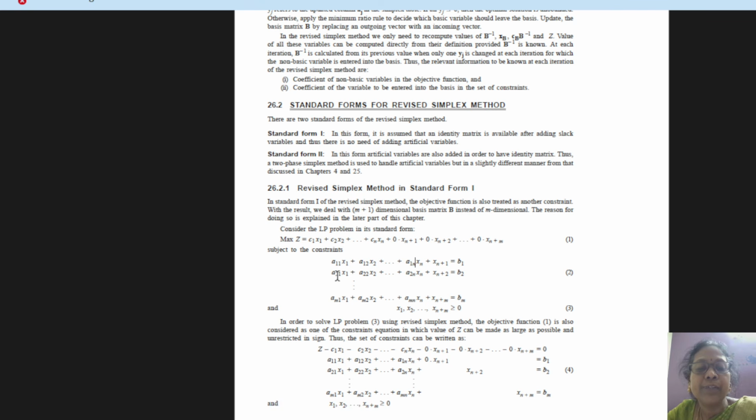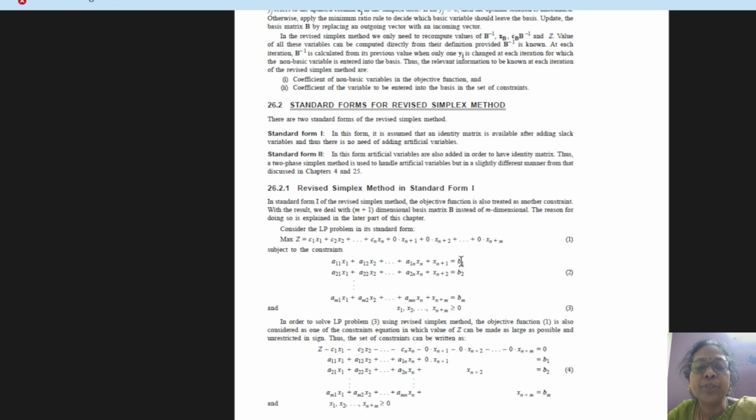For the second constraint, we have a21x1 plus a22x2 and so on a2n xn, adding the second slack variable xn plus 2, and the inequality becomes equal to b2. Like that, the final row, the mth one, is am1x1 plus am2x2 and so on amn xn plus xn plus m equal to bm.